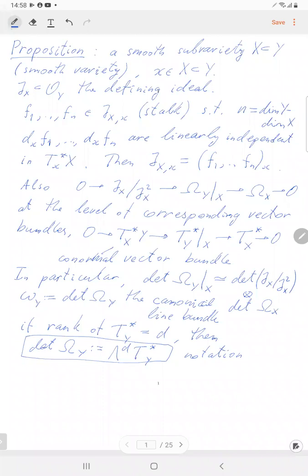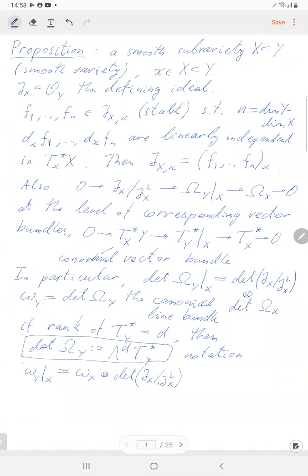Once again we get that the canonical line bundle of the ambient variety restricted to X is isomorphic to the canonical line bundle of X itself, tensor the top exterior power of the defining ideal modulo its square.